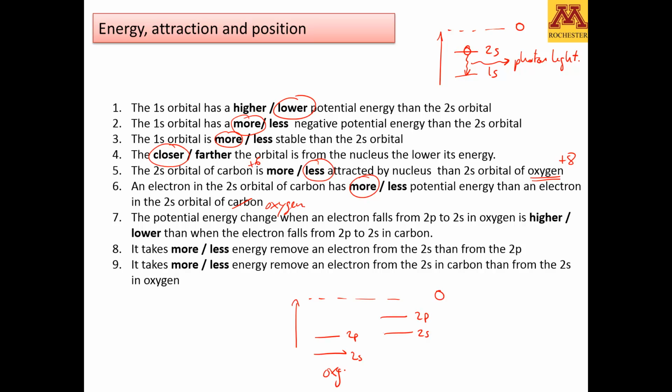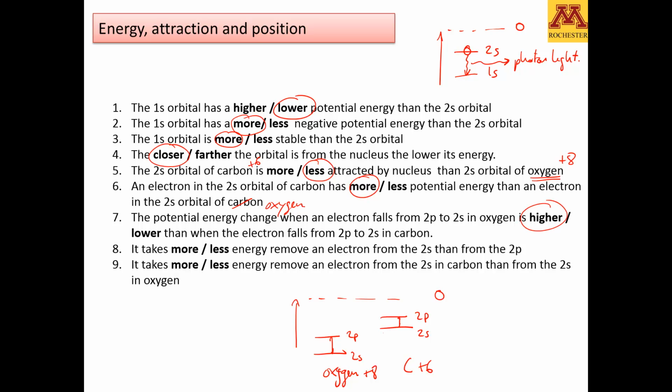In oxygen you have a +8, that means you're attracting the electrons more, and this is for carbon, you have a +6, you're attracting the electrons less. Okay, and this change, and I should have made it to scale, this would be our moon, the carbon, and oxygen would be our Earth, because the charge of the nucleus also changes the relative stability. In the case of oxygen, the potential energy change will be higher.